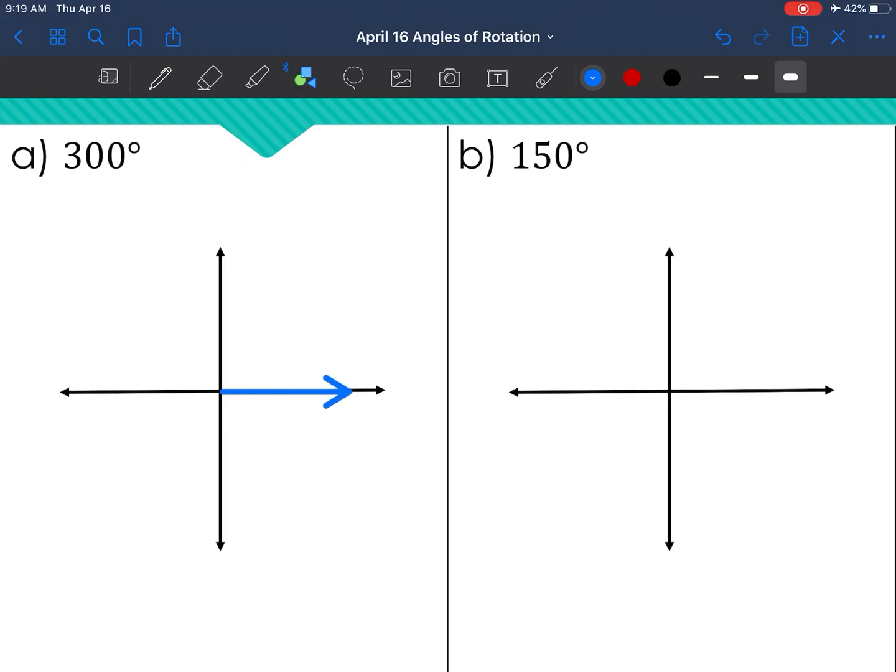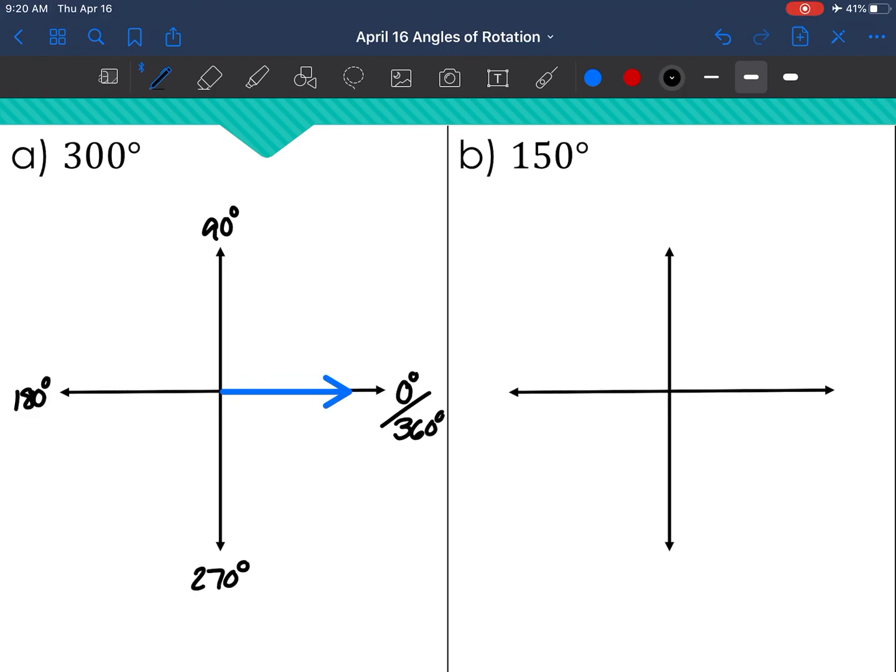And now we need to figure out where 300 degrees is going to be. Well, where we start is 0, right? And then a half turn is going to be 180 degrees. A quarter of a turn is 90 degrees. If I make a full rotation, that's going to be 360 degrees. And 3/4 of a turn is going to be 270 degrees.